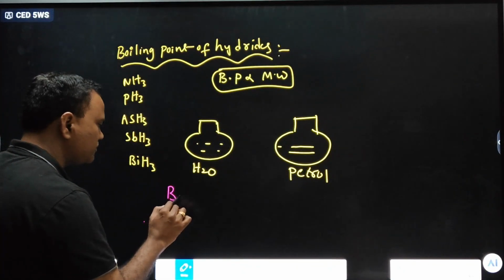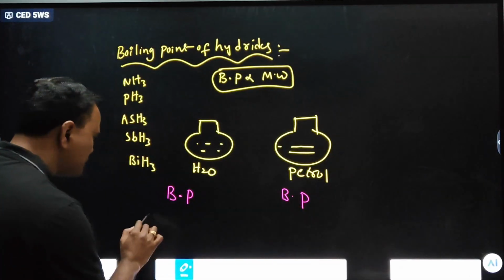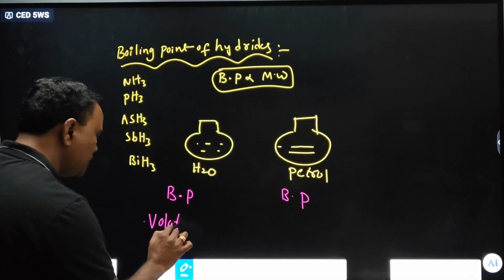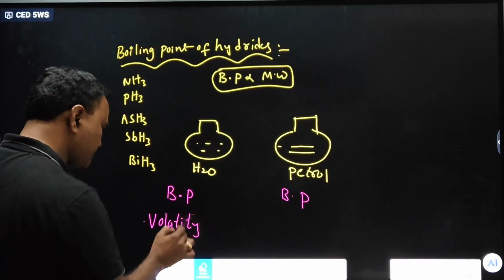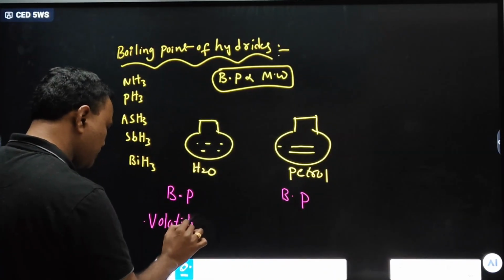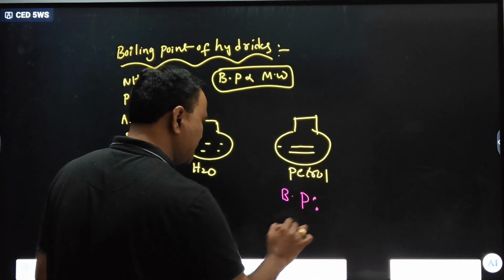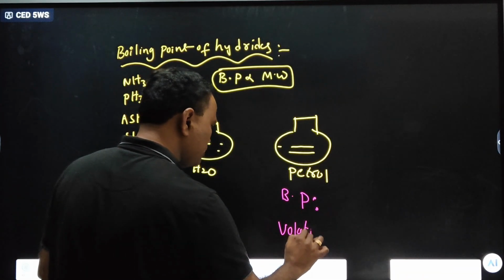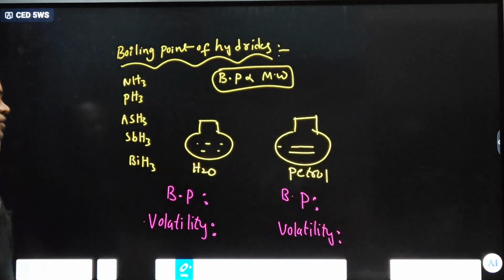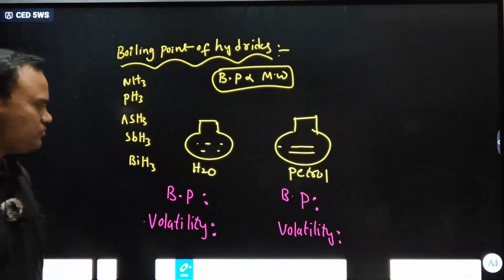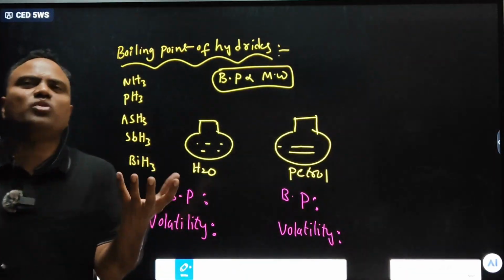First of all, boiling point and volatility. Volatility means the ability to convert into vapor. Petrol is highly volatile.